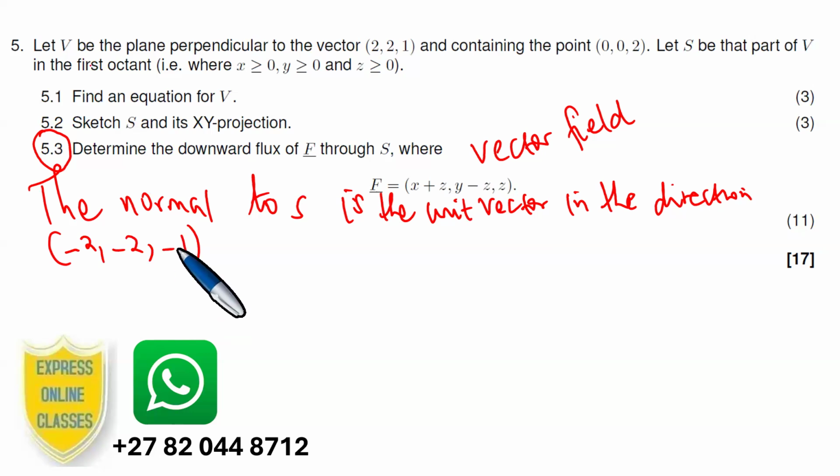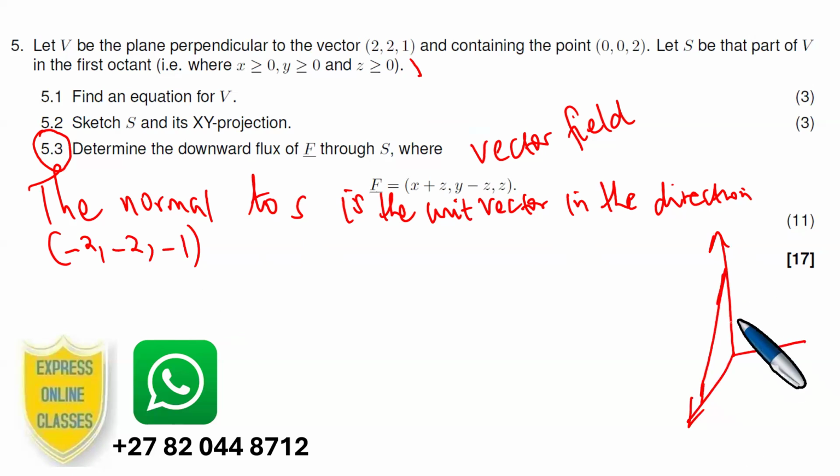Because if you have a vector perpendicular to the plane, then that is the normal to S. Now S is actually this particular part of the plane in the first octant.